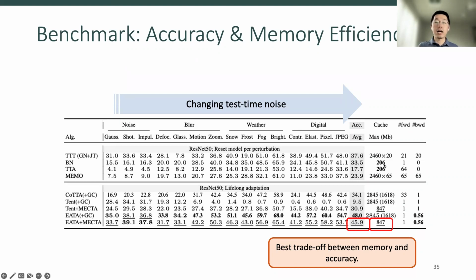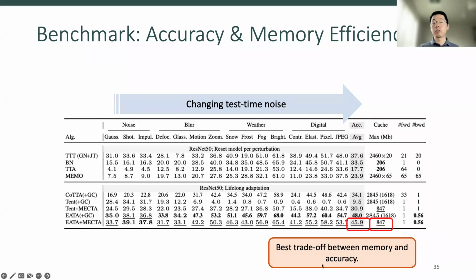It's just a bit larger than batch normalization when they all use the same batch size, and our cache size is much smaller than the best accuracy algorithm, EATA. Even when we apply an advanced technique called gradient checkpoint, which will not change accuracy but reduces memory consumption by trading in some computation resources, it only reduces the cache size by half, and it's still twice our cache size.